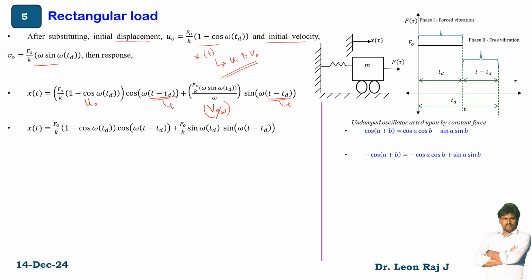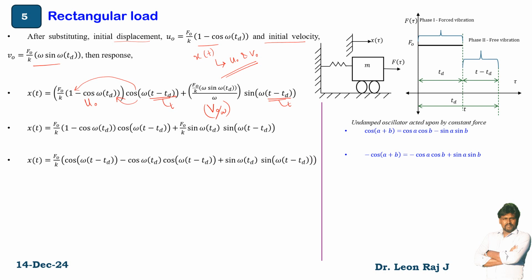So just multiply this cos omega t minus td here and here, and multiply this by sine omega td into sine omega t minus td. Subsequently we are getting f0 by k cos omega t minus td minus cos omega t minus td sin omega td sin omega t minus td.